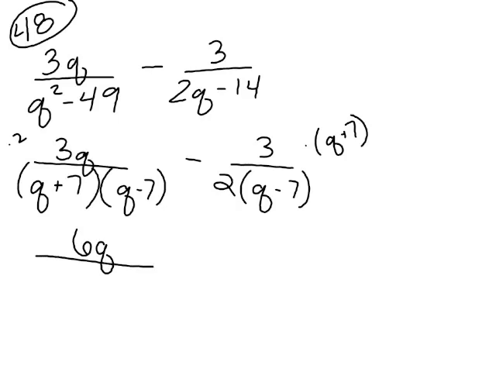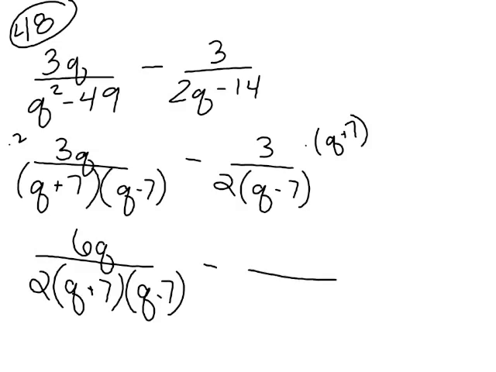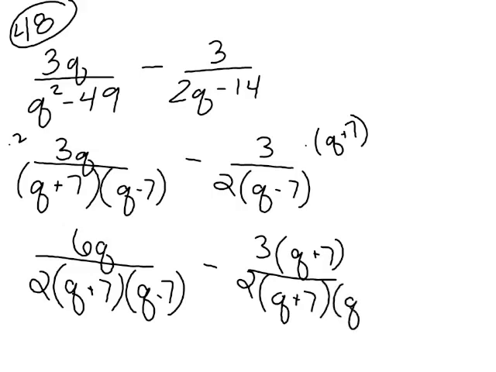And on the bottom, I'm going to end up with 2 times q plus 7, q minus 7. Okay, and then over here, 3 times q plus 7 on top, and 2 times q plus 7, q minus 7.